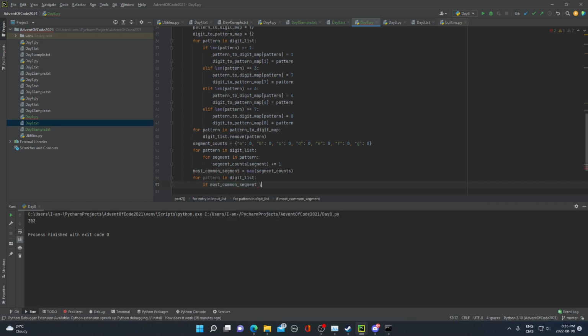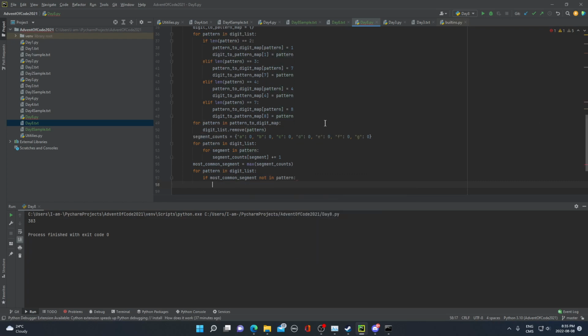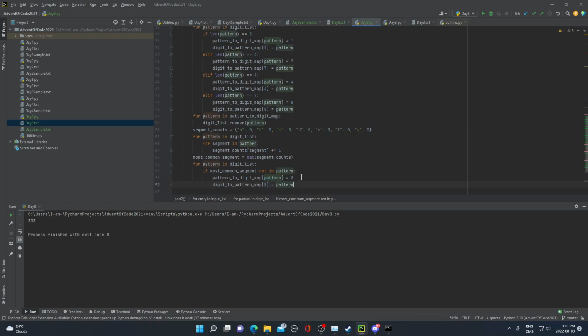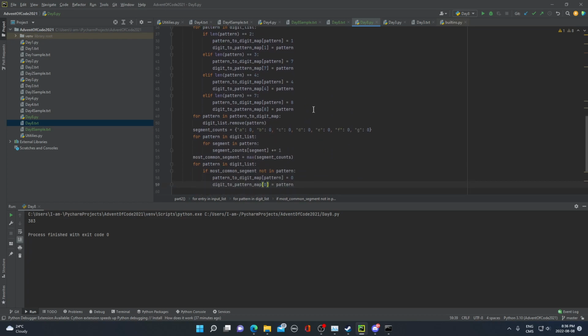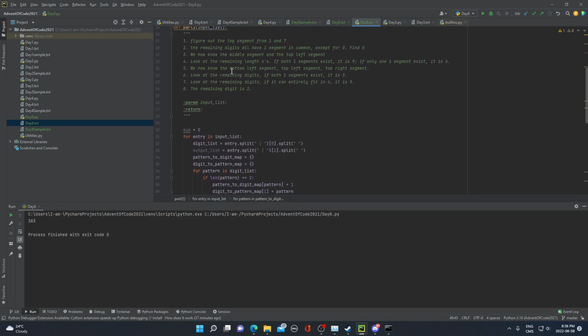If the most common segment does not exist in that pattern, we know that it's 0. It's quite difficult, huh? Should be easier from now on.